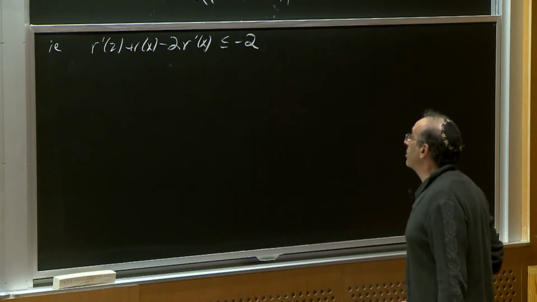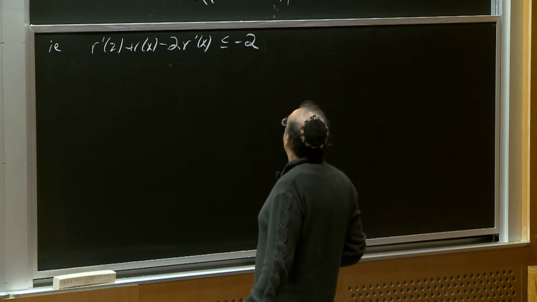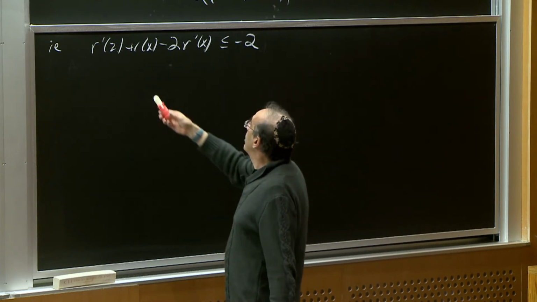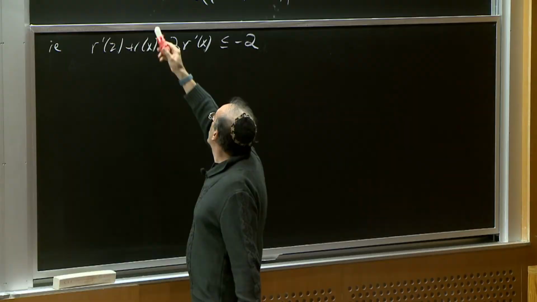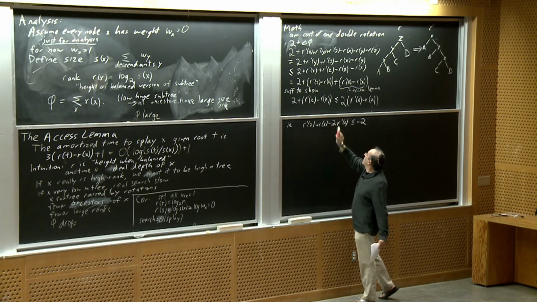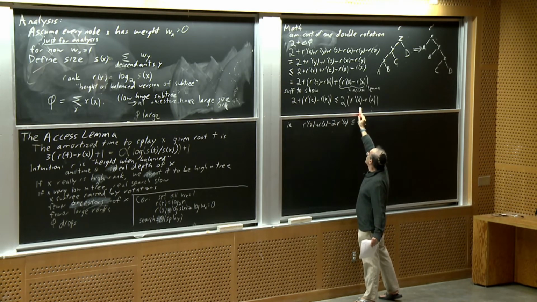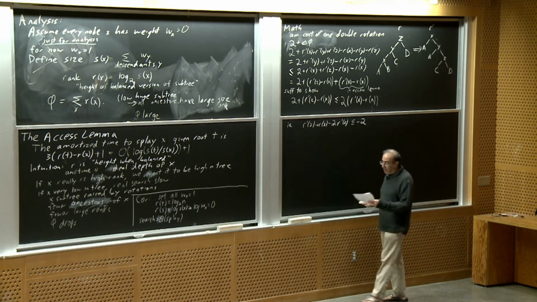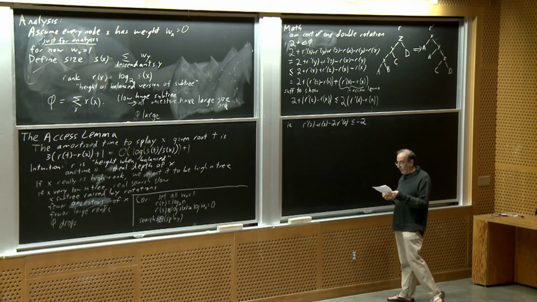Okay? So this is just rearrangement. Here I had r prime of z minus r of x, but now I bring 2 r of x's over to the left-hand side, and that turns it into a plus r of x. I then subtract off the 2 r primes of x, and I move the 2 to the other side. Okay.